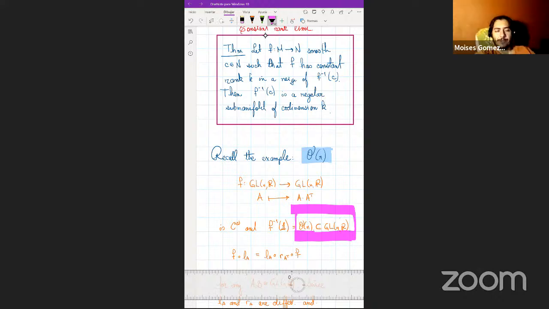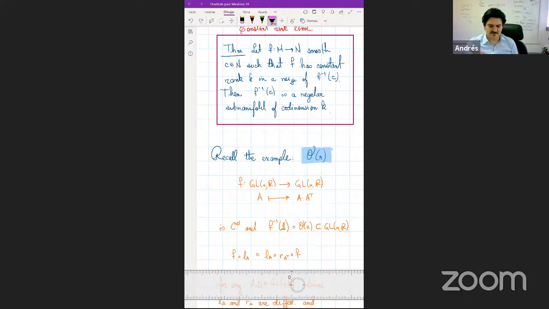It's open and connected. Okay, open and connected. Why do you say that it is open? Salvador?